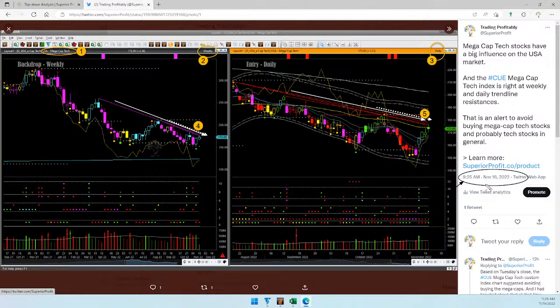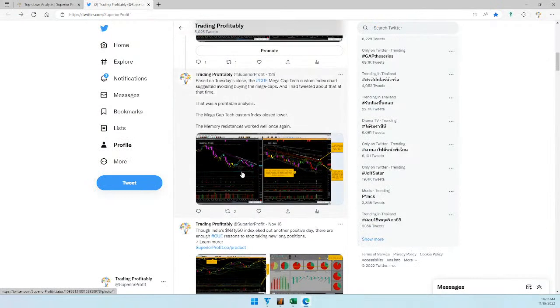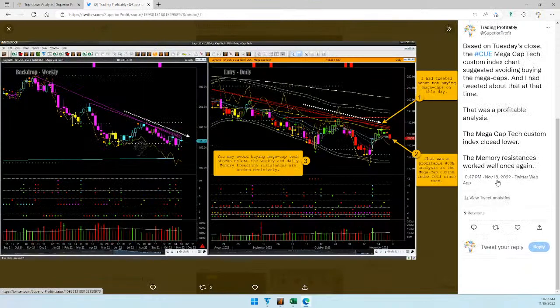Looking at that, as of November 15th close, I hypothesized that it would not be good to buy. Instead, you could look for shorting opportunities if price came down. How did this mega cap tech index play out after that? I followed up with another tweet that was November 18th after market close.